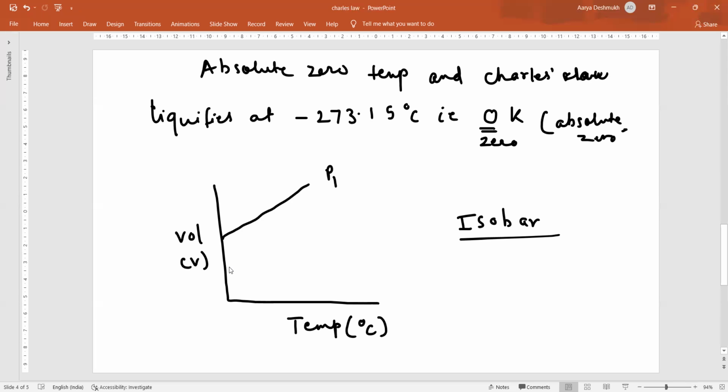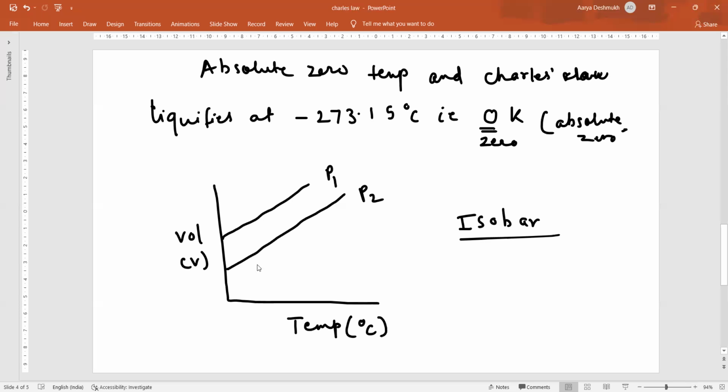Now if you take another pressure, suppose P2, you get the same type of pattern of graph. As the temperature increases in this direction, the volume also goes on increasing. If you take this particular point, this is the temperature, this is the volume. If you further increase the temperature, again the volume will go on increasing.